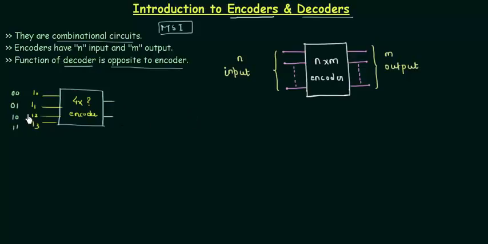Let's take one example. If I2 is high, then instead of sending these 4 lines in which 3 lines are not high and have no use, I can send 2 lines in which the first bit will be 1 and the second bit will be 0, and at the receiver's end it can be decoded again by using a 2 cross 4 decoder. This question mark will now be 2.